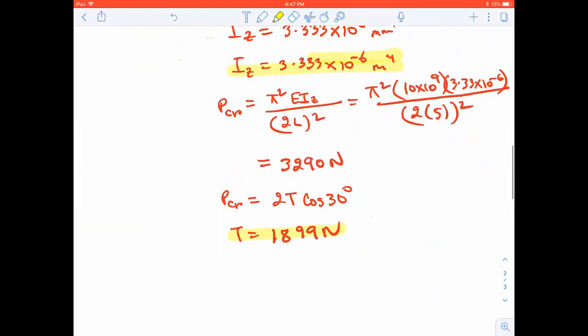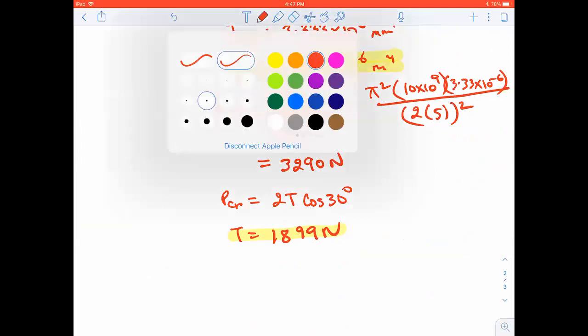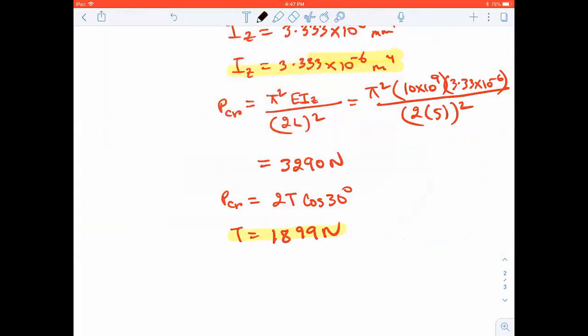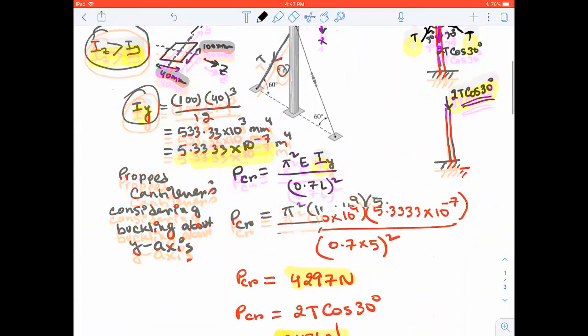Obviously you're going to consider the lowest value, because if you apply a critical load of 3,290, you're going to start seeing buckling about the z-axis.